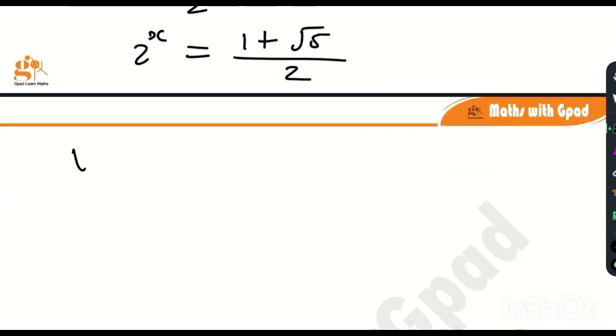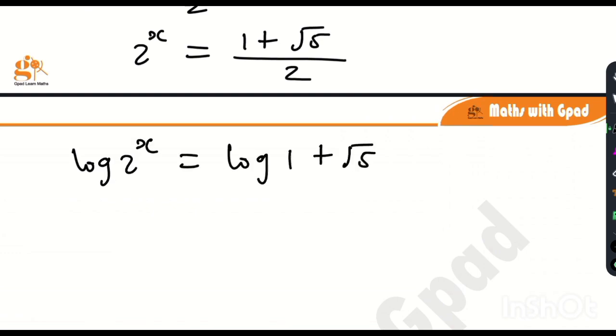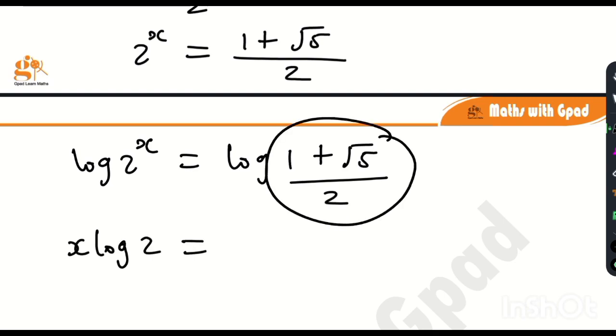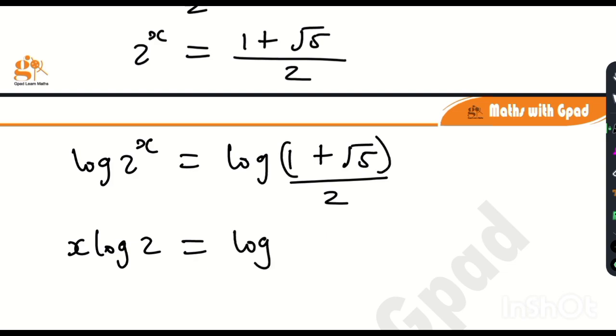So it's going to be log 2 raised to power x is equal to log of 1 plus the square root of 5 all divided by 2. Okay, now this exponent of x would be used to multiply the logarithm. That's from one of the laws of logarithm. So it's going to be x log 2 is equal to, so what about this? I am going to write it like this, log, let me just wrap this in a bracket, log bracket 1 plus root 5.